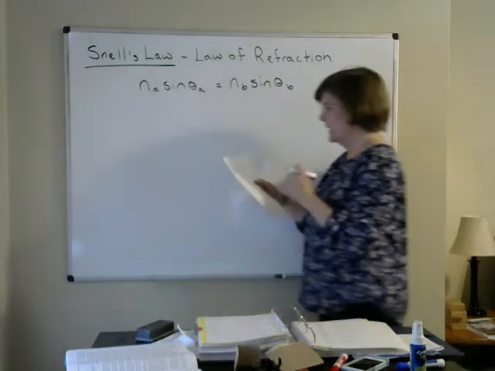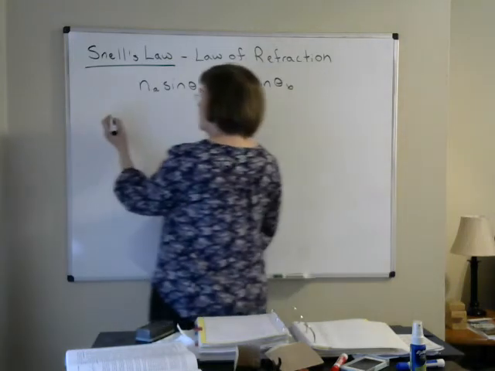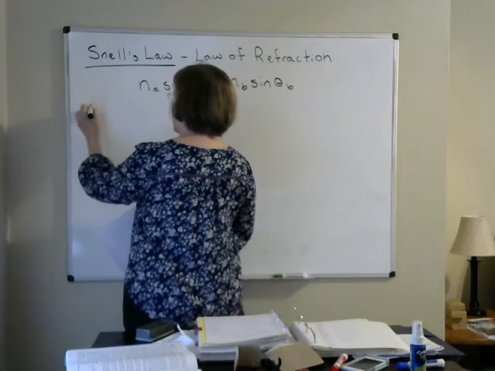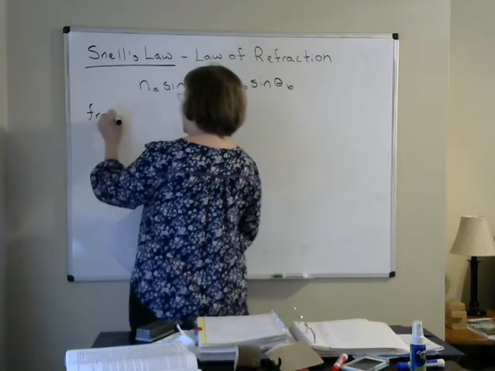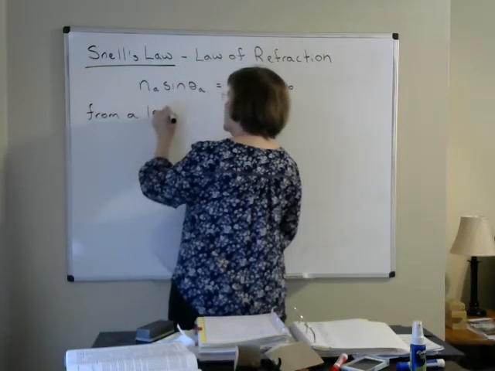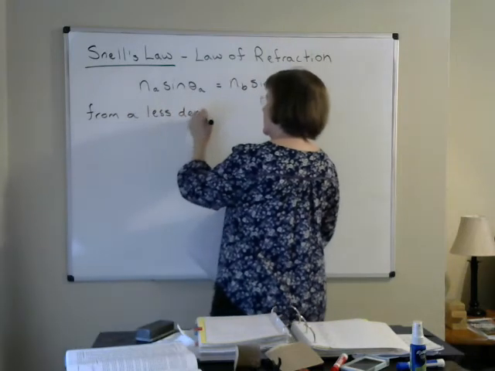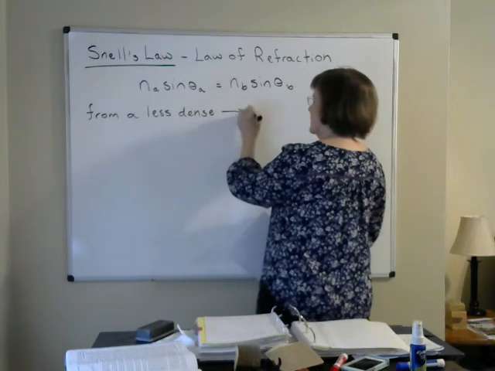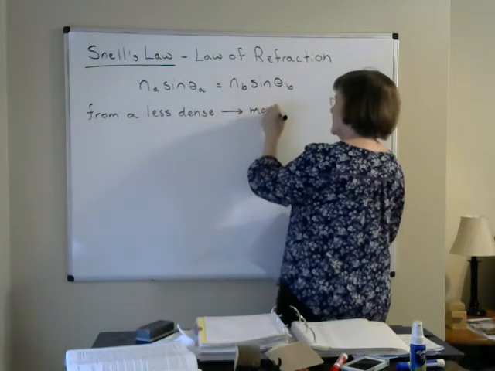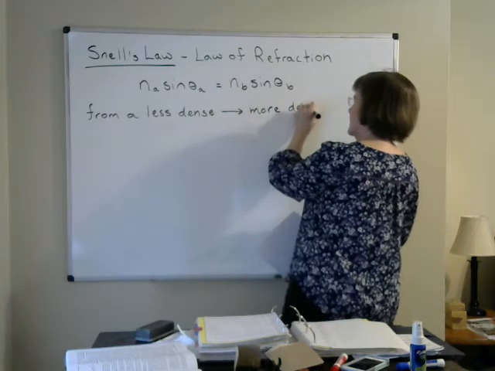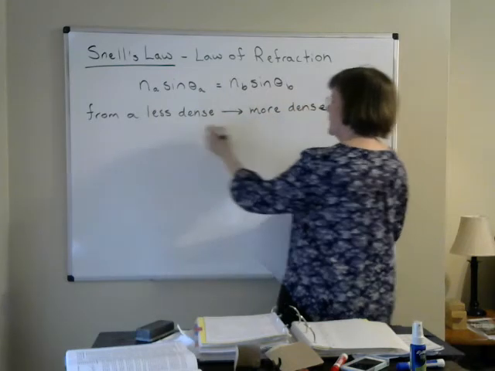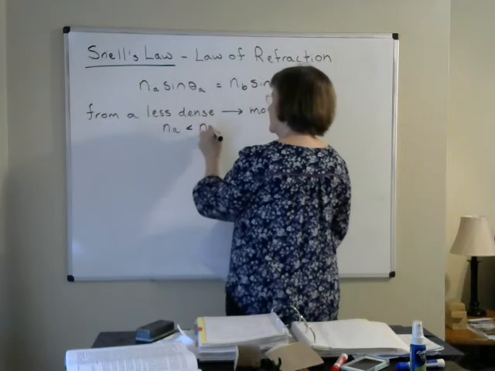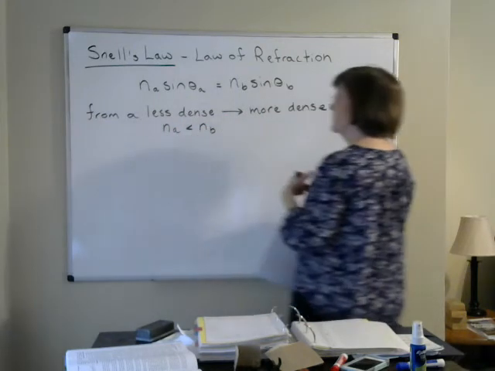Generally speaking, when light travels from a less dense to a more dense material, we generally think that means the index of refraction of the first material is less than the index of refraction of the second material.